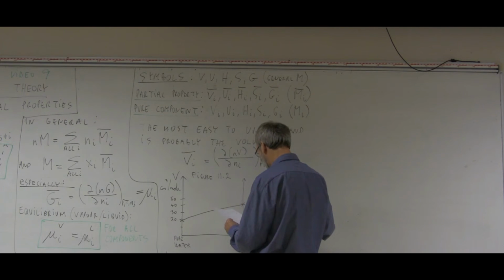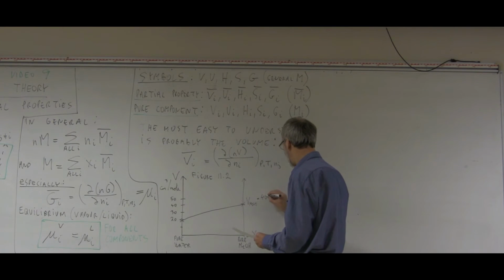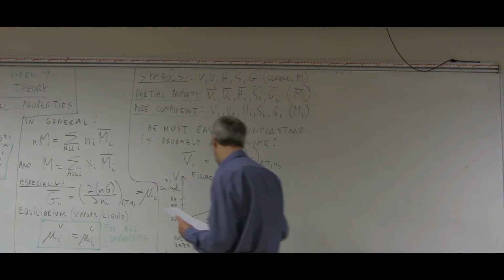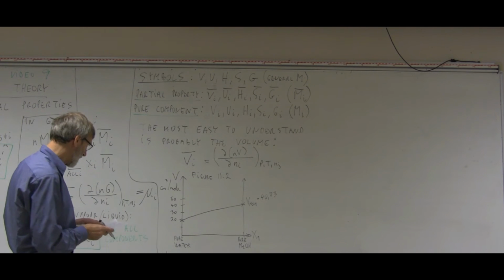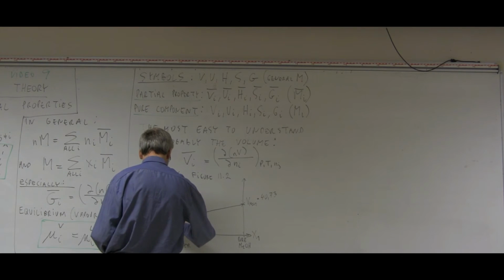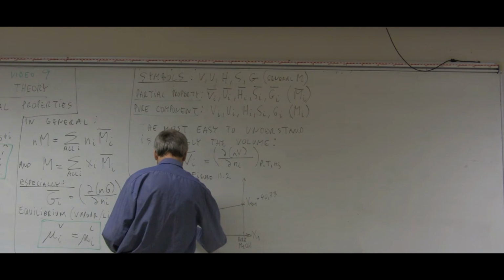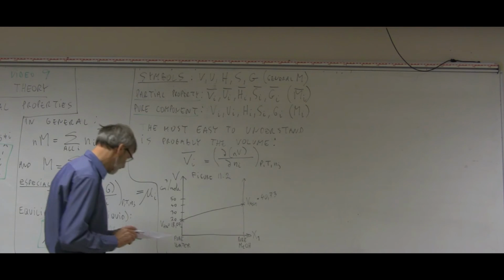The volume of methanol is 40.73. The volume of pure water is 18.07.